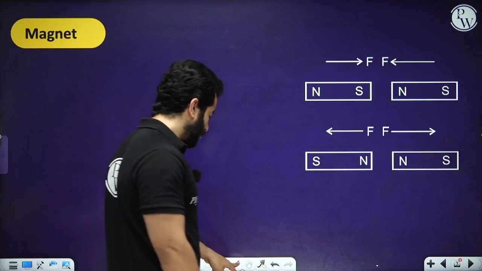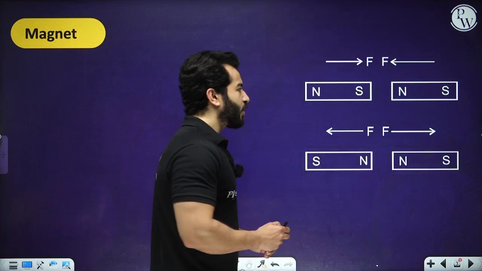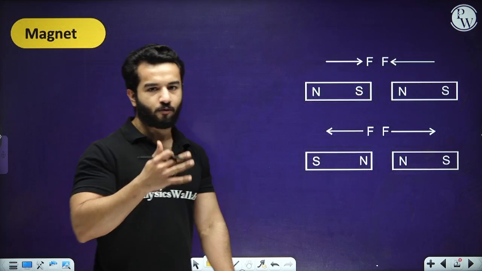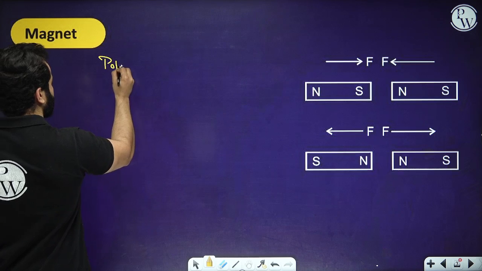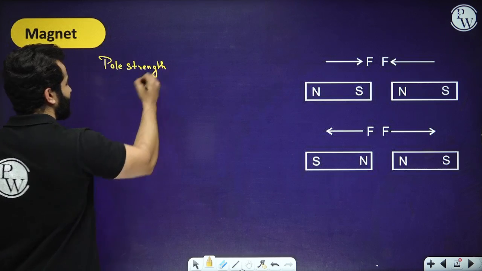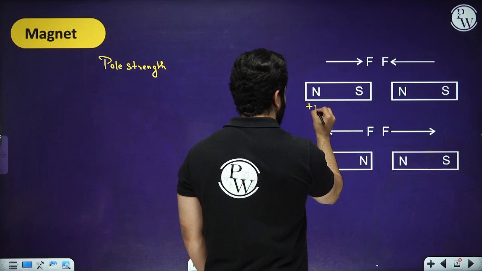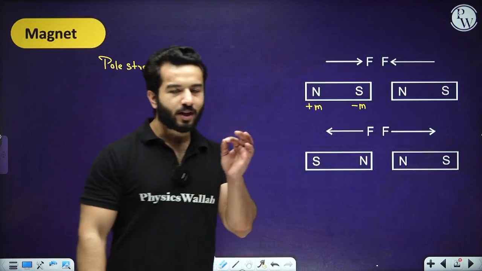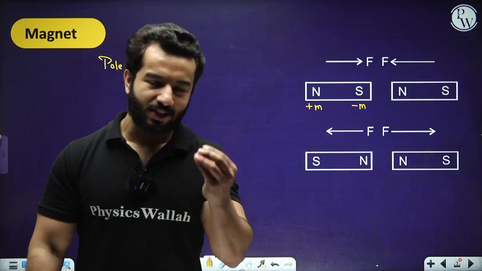Now what we are going to do is define some things. First, we are going to define strength for these poles, for the north pole and for the south pole. We are going to define those by pole strength. So basically, let's say that the north pole has got pole strength of plus m and the south pole has got pole strength of minus m. This pole strength is nothing but it is telling you the strength of the magnet, the strength of the pole, right?